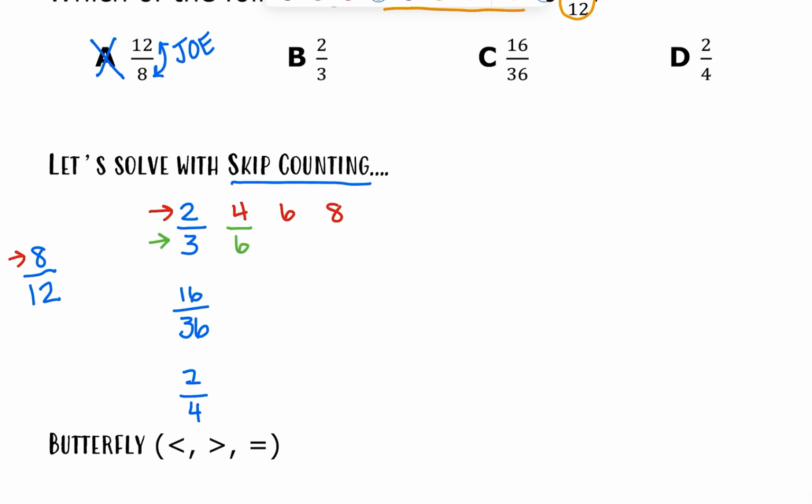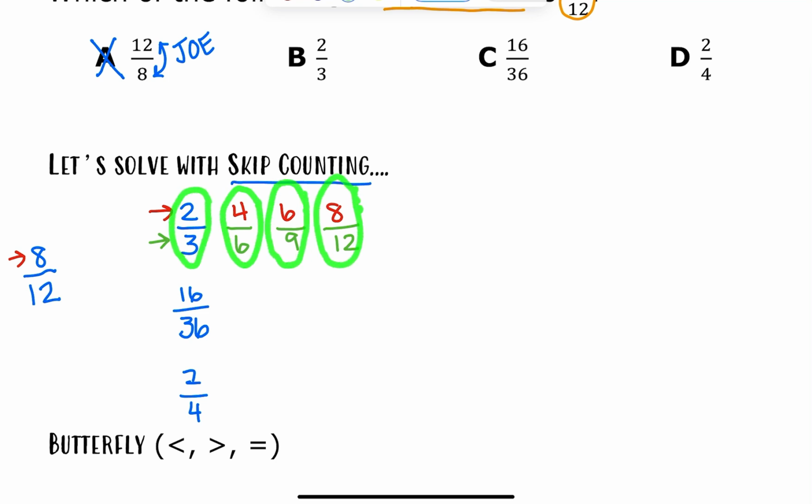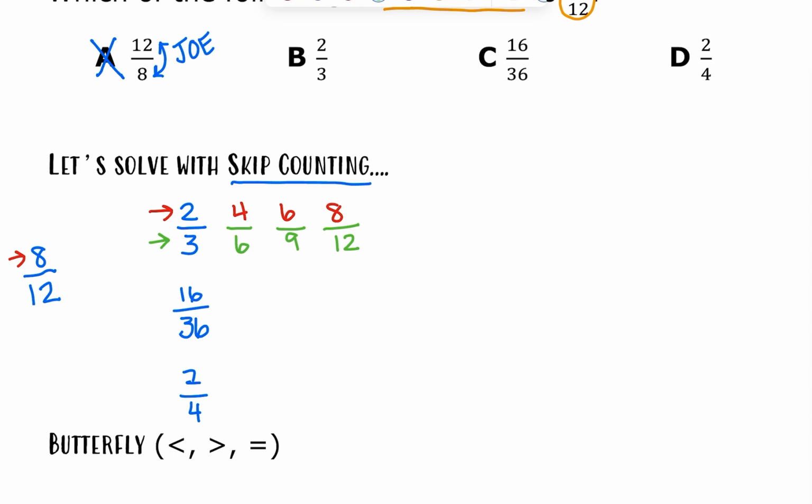So 3, 6, 9, 12. And again, those are my new fractions. All of these fractions are equivalent to 2/3. They just have different numbers on them, but these are all equivalent. And if you notice, we have our 8/12s, which is what we wanted. So indeed, that is our equivalent fraction, and that's going to be my answer.